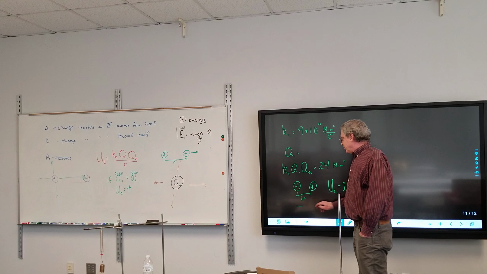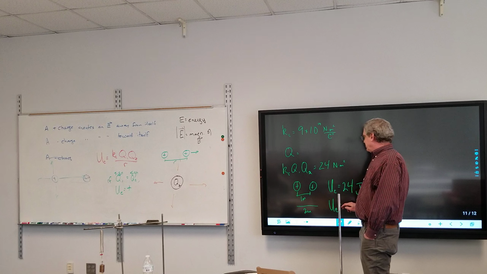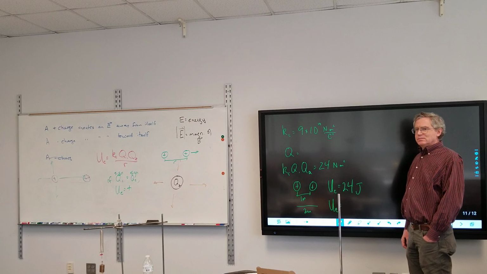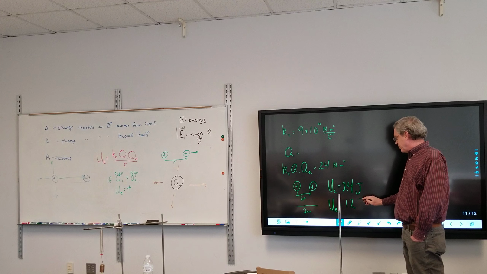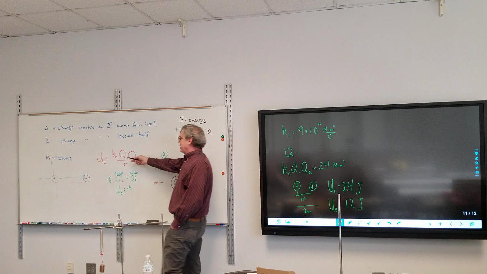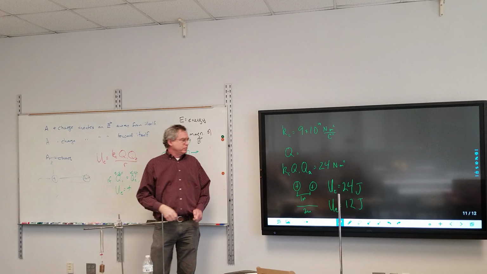If they are 2 meters apart, what is the potential energy? Yeah. Yep, there we go. Because my numerator right here, it's just plug and chug. The numerator I said was 24, and we're just dividing by whatever R is.